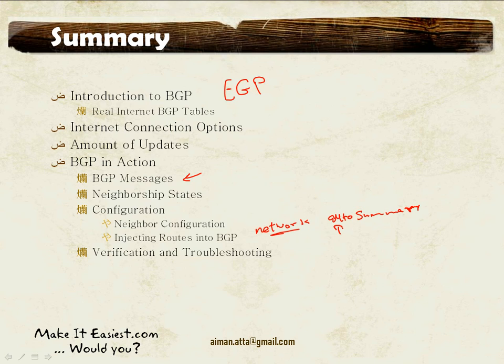We also talked about redistribution as a method to inject routes into the BGP database, and how routers exchange BGP updates from time to time or whenever the need arises. And finally, we talked about verification and troubleshooting for BGP updates, neighbor relationships, and getting information into the routing table.